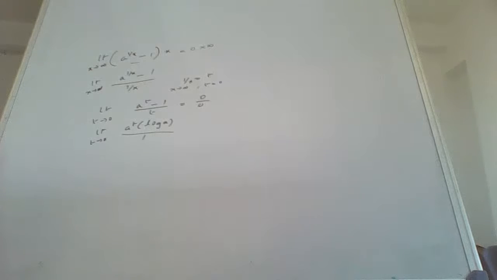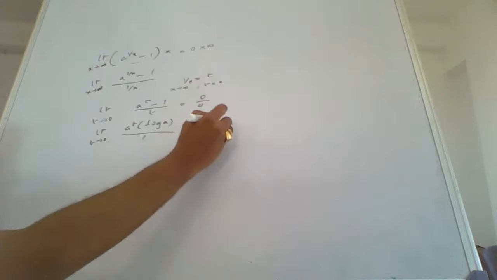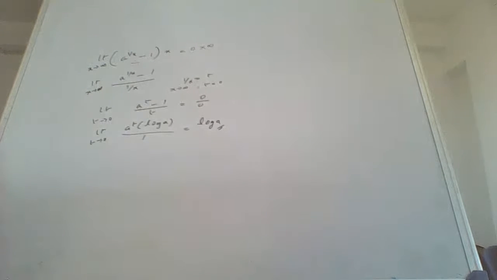Now if I put t as 0, since log a is a constant, a to the power of 0 is 1, so I get only log a. So this will be the solution for this.